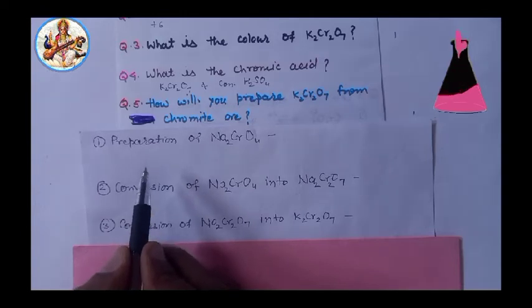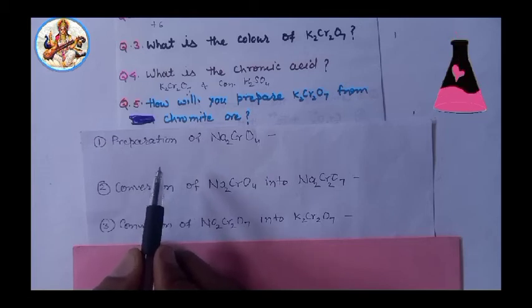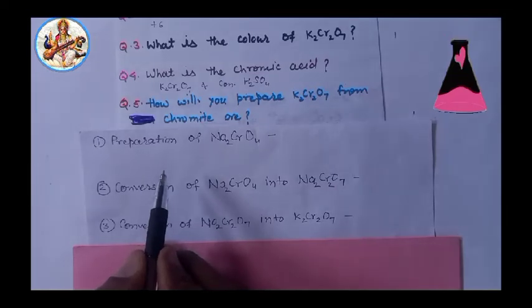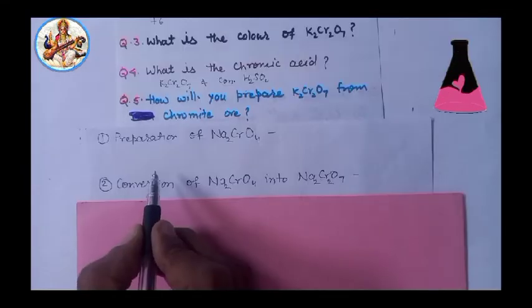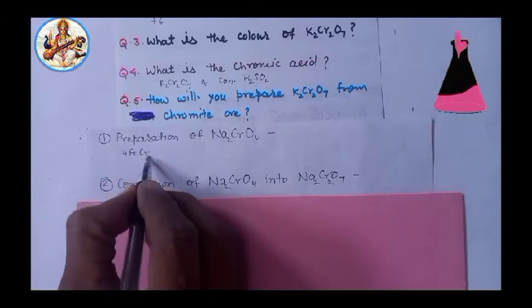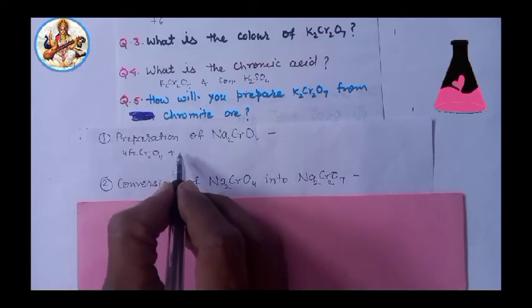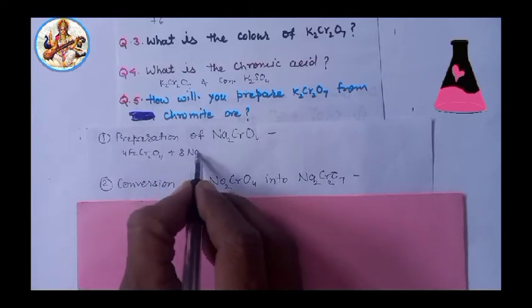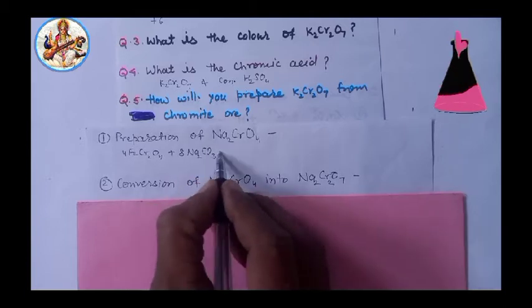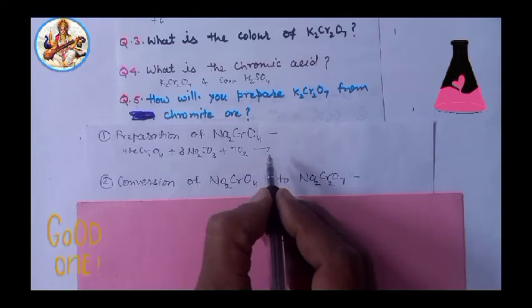chromite ore is heated with sodium carbonate in the presence of air in a reverberatory furnace to produce a yellow solution of sodium chromate. The chemical reaction is: 4 moles of chromite ore is treated with 8 moles of sodium carbonate in the presence of air.